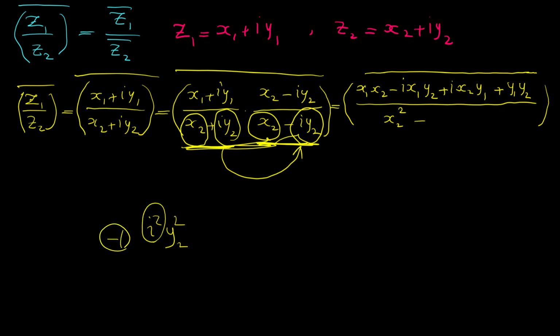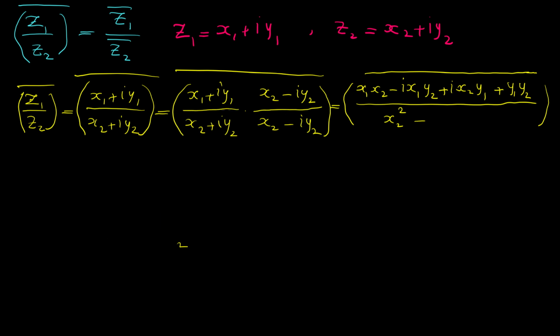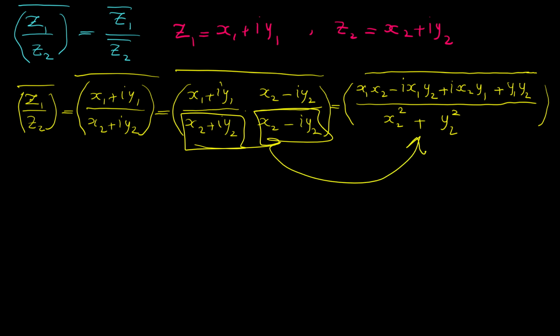This is negative 1, but we have a negative between, so when we multiply denominator by denominator, the answer would be plus y2 squared. The answer of multiplying this by this is simply this. If you want, you can multiply term by term, but this is the answer at the end.